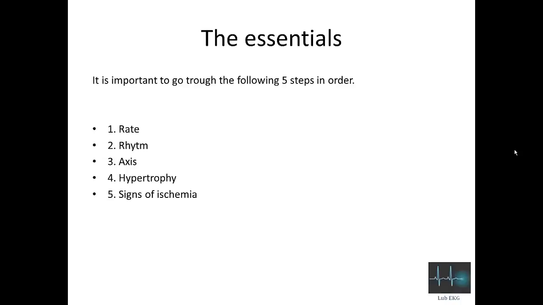Rhythm is the electrical signal originating from the SA node, or is it an ectopic beat? Very important. Axis, hypertrophy, and signs of ischemia, which is also very important. And during this lecture, this is how we're going to solve the ECGs.